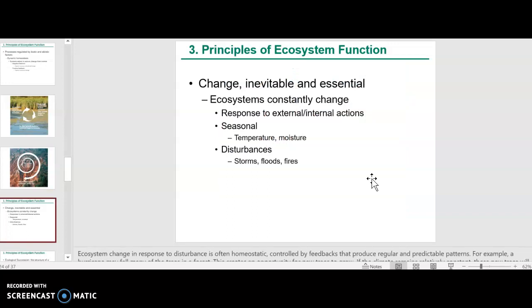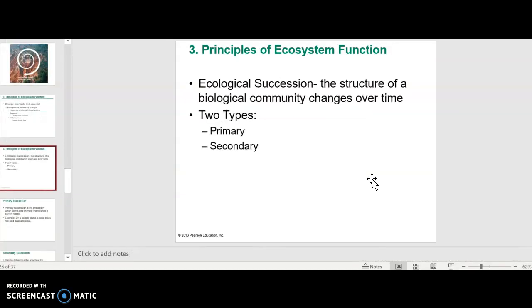We talked about this, that change is inevitable and essential. We actually need change to happen for the environment to continue to succeed. Succession is the next topic I want to talk about. There's primary and secondary succession, and you're going to read about those in this course. Ecological succession is how the structure of a biological community changes over time, and there are two types.